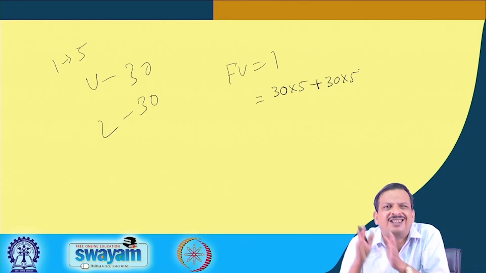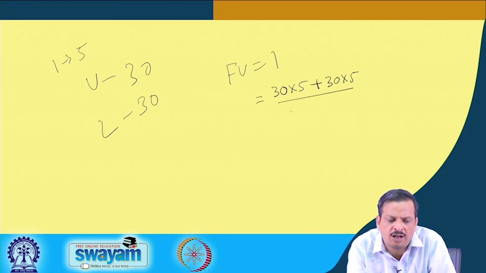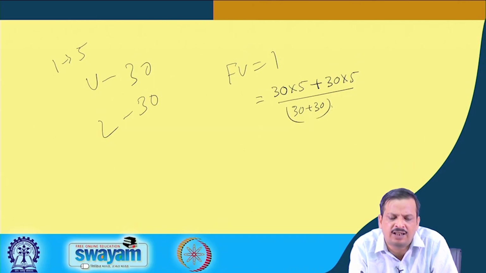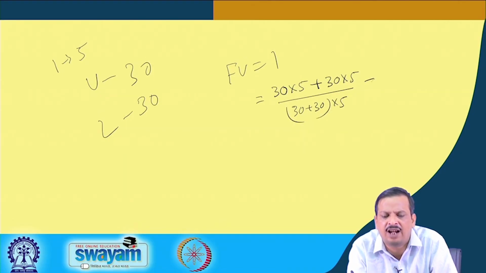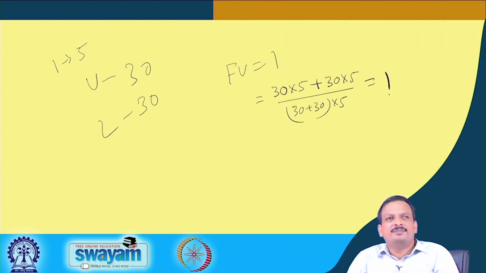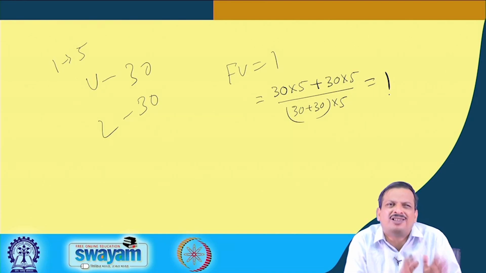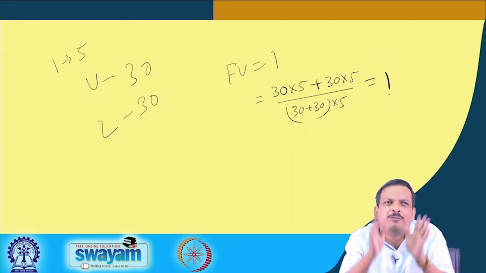What is the total marks in the upper group and lower group together? The total group size is 30 plus 30. If all students get 5, then that is equal to 1. So, if I want to derive the formula, do not see the slides, let us derive the formula.